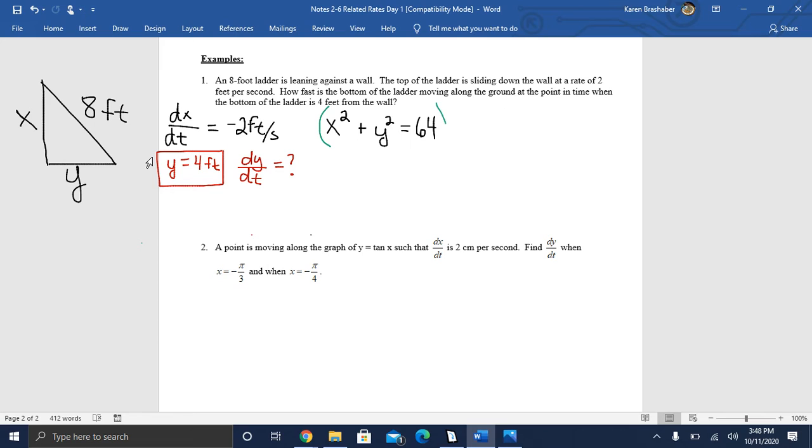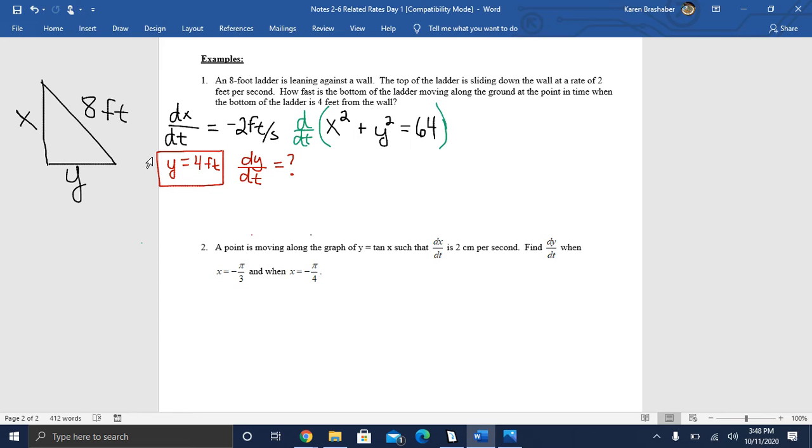And I'm going to do the derivative with respect to time. Notice that neither of those variables is a t, which means when I do the derivative, I have to do implicit differentiation. Anytime that I do a derivative of anything that is not a t, I'll have to have a d dt for that variable.